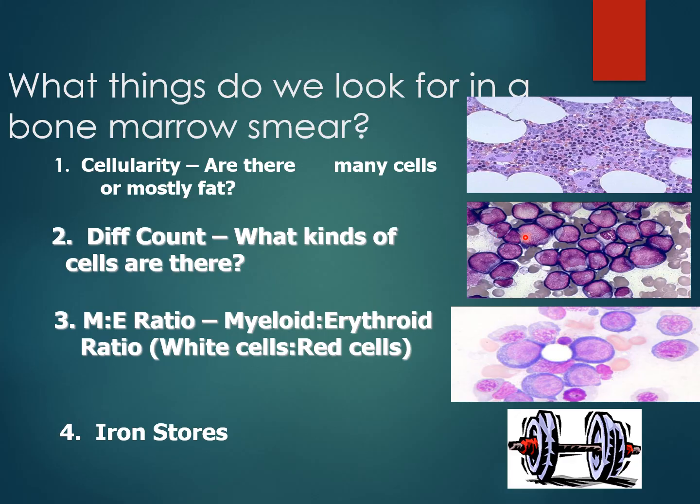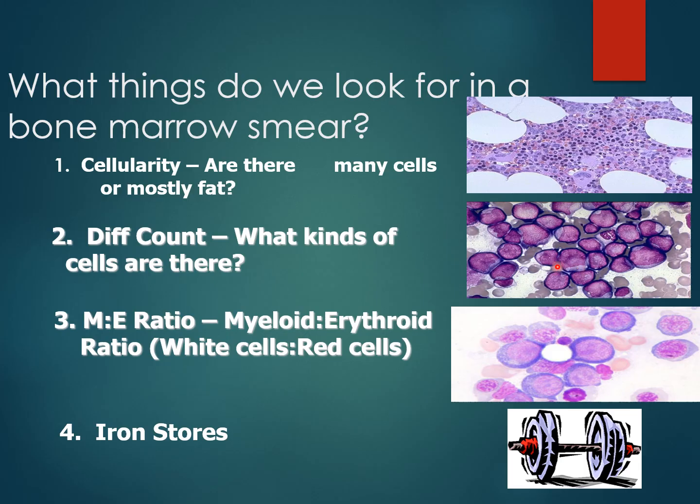Or do we have a high number of immature cells? Which, if you think about it, there are quite a few more immature cells in the bone marrow, but there shouldn't be just all immature cells. There should be varying degrees because as they're produced, they go through different processes of maturation, and then they get to a maturation pool where they finish developing before they go out into circulation.